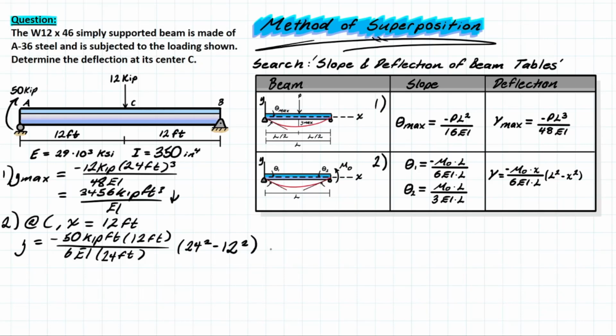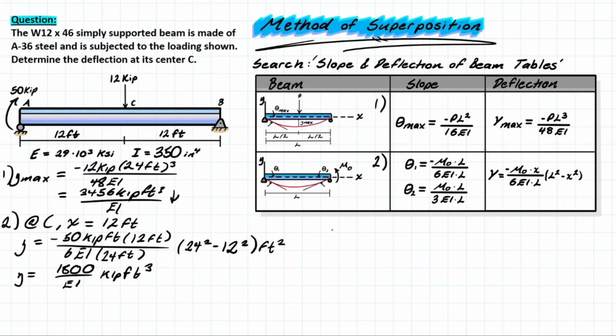Now both of those are squared. That's going to leave us with foot squared over here. And then solving that, we're going to be left with 1800 over EI. And that is kip foot, what is this, squared? Oh, no, sorry, cubed.